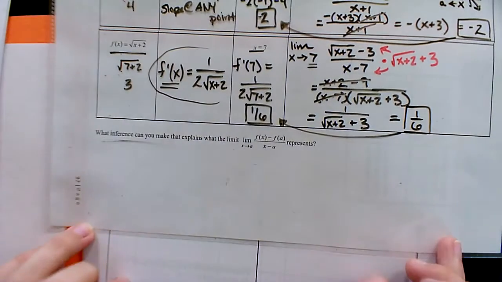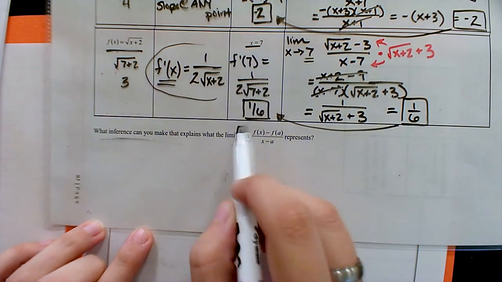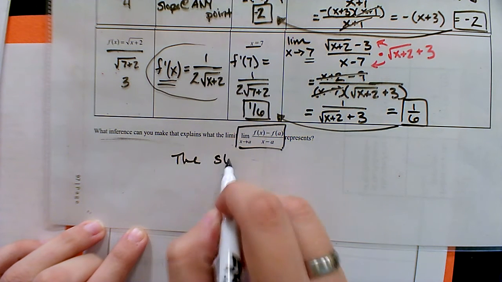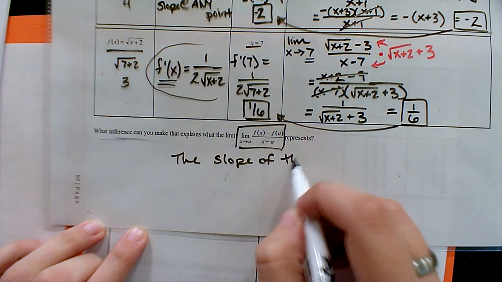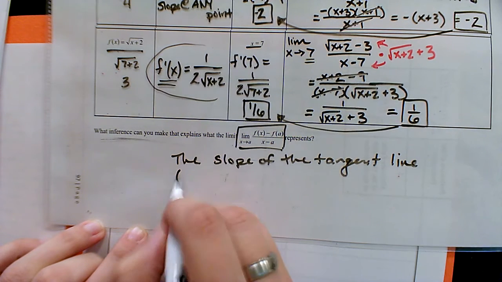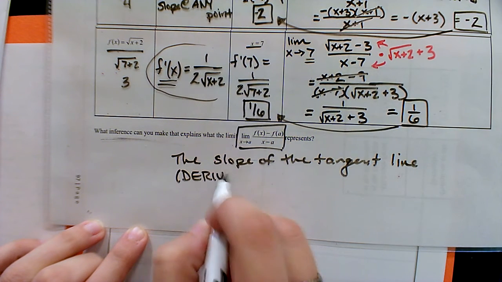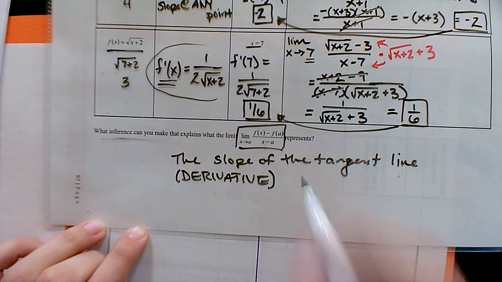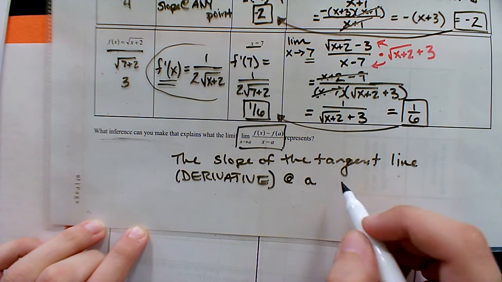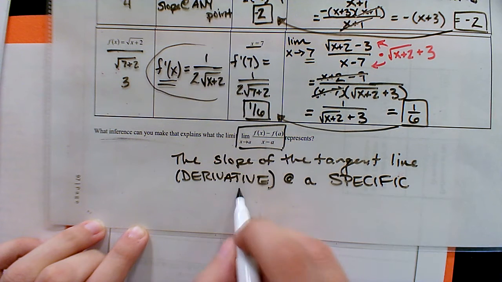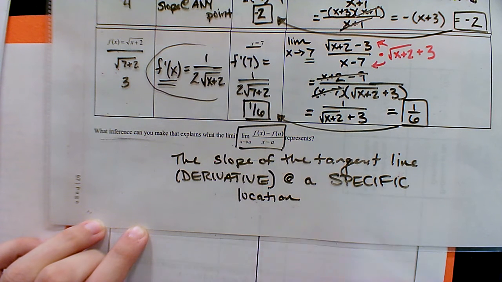Okay, at the bottom, it's asking you what exactly does this limit represent. We'll say it represents the slope of the tangent line, aka derivative, at a specific location or point.